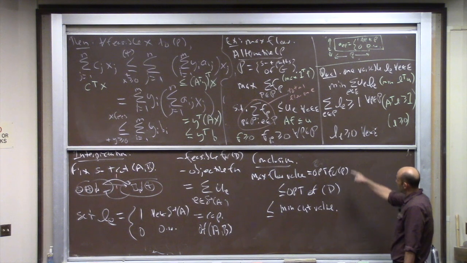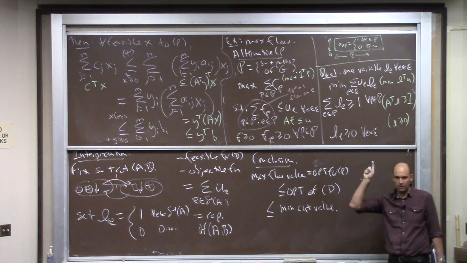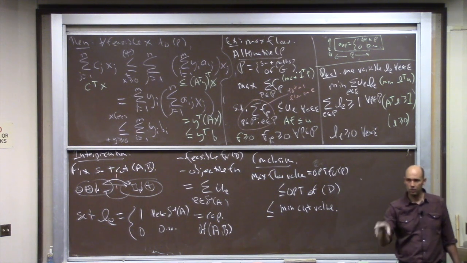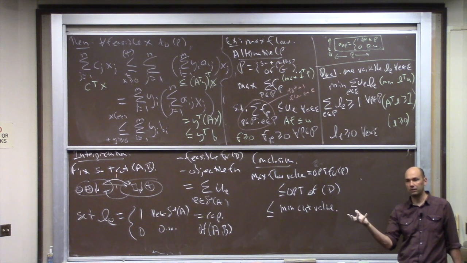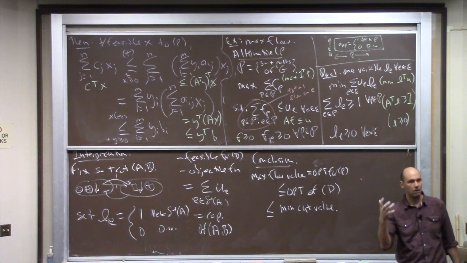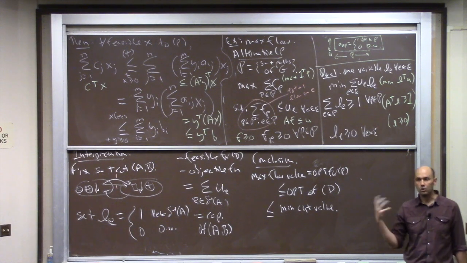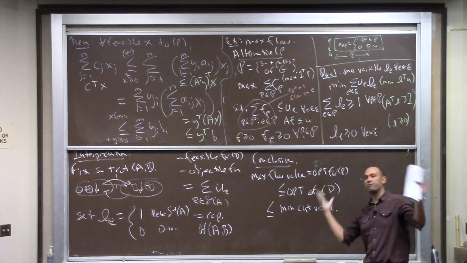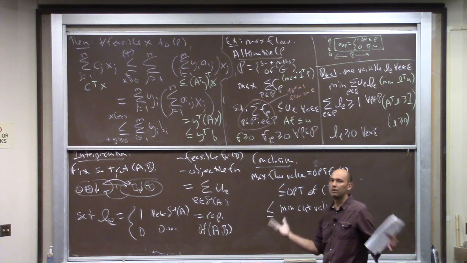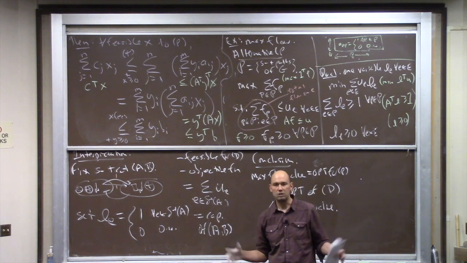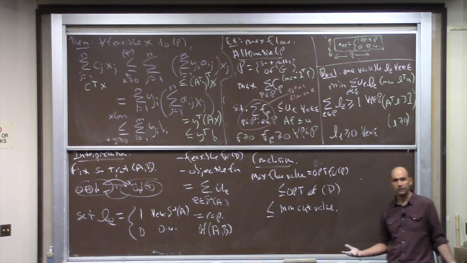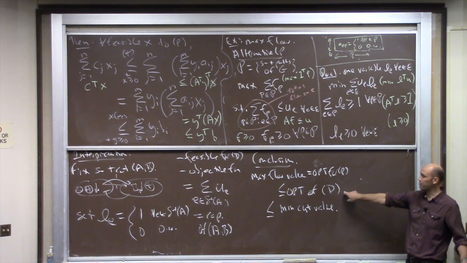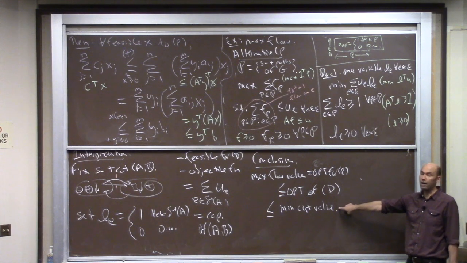Cuts correspond to a special case of the feasible solutions of the dual linear program. The min cut value is the best objective function of one of these special types of feasible solutions. The dual linear program can optimize over all feasible solutions, not just those corresponding to cuts. Since it's minimizing over a bigger set, it can only come up with a smaller number. So the dual linear programming optimal solution is not going to be any bigger than the min cut value.